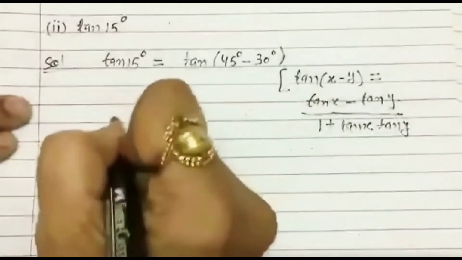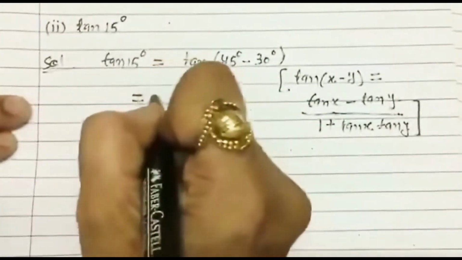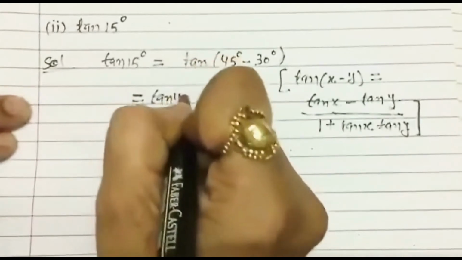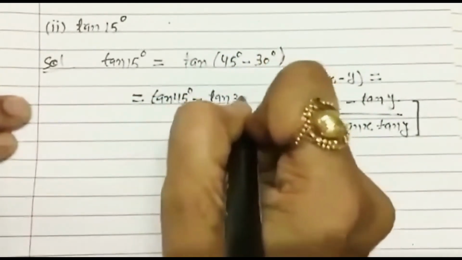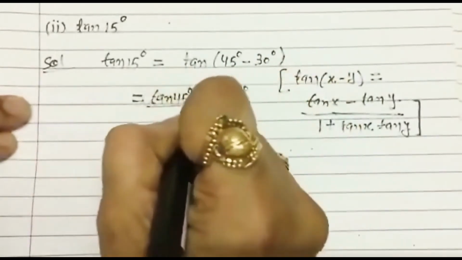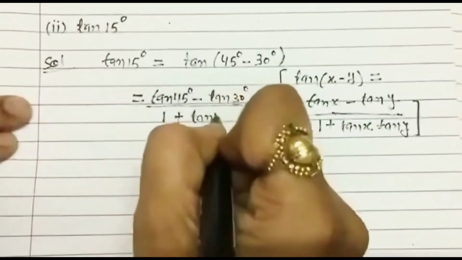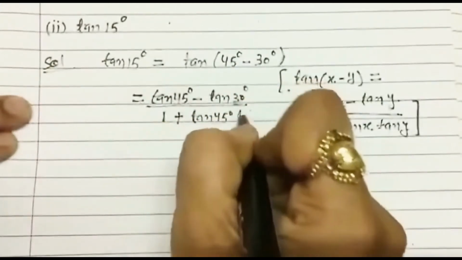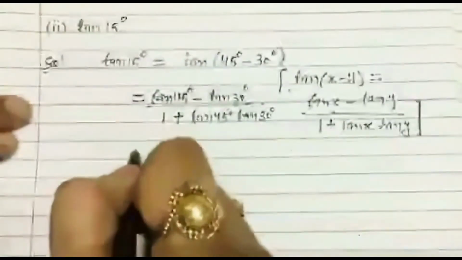So here you will get tan 45 degrees minus tan 30 degrees, and here 1 plus tan 45 degrees tan 30 degrees.